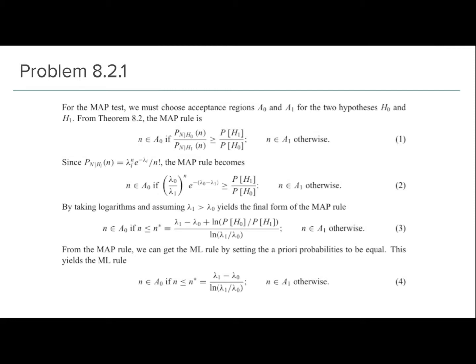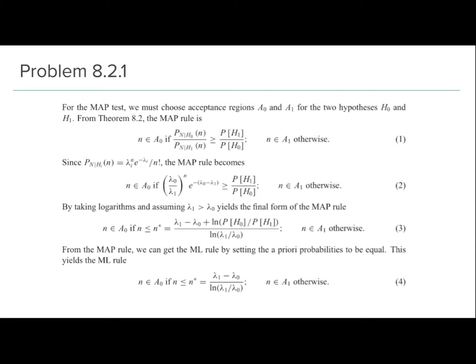This gives minus n times ln of lambda naught by lambda 1 is less than or equal to lambda 1 minus lambda naught minus ln of P of H1 divided by P of H0.